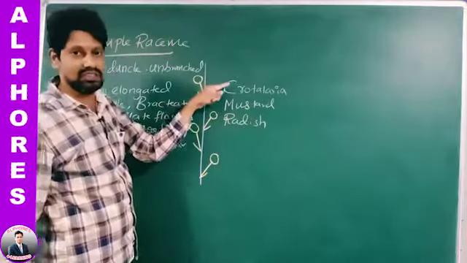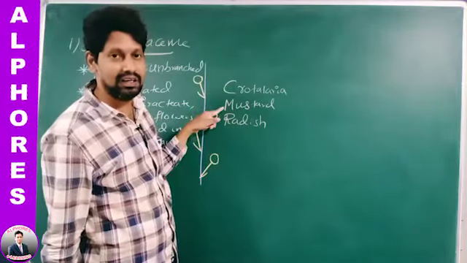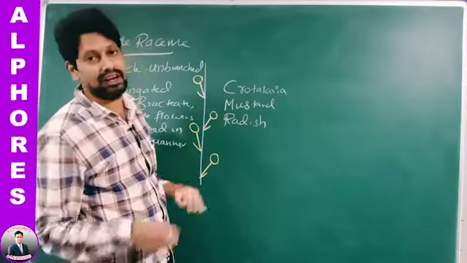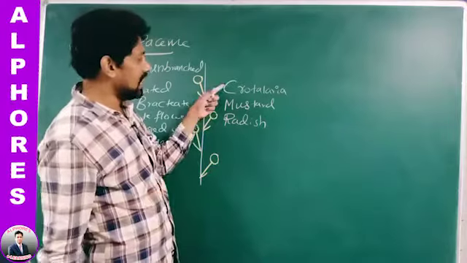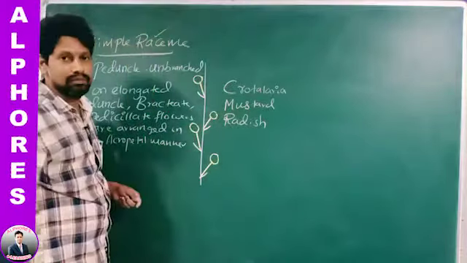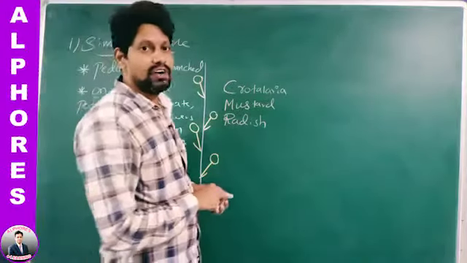Crotalaria juncea, sun hemp. Mustard, Brassica nigra. Raphanus sativus, radish. Therefore, in crotalaria, mustard and radish, you are going to see simple raceme.